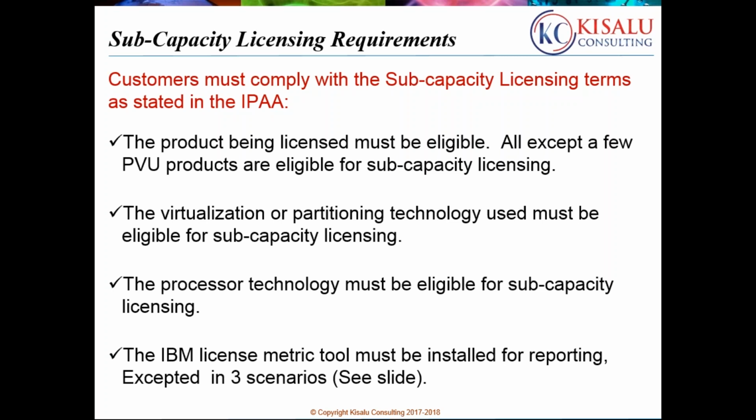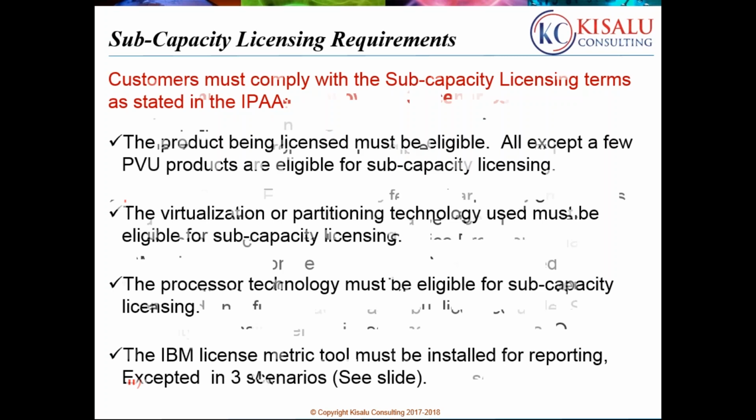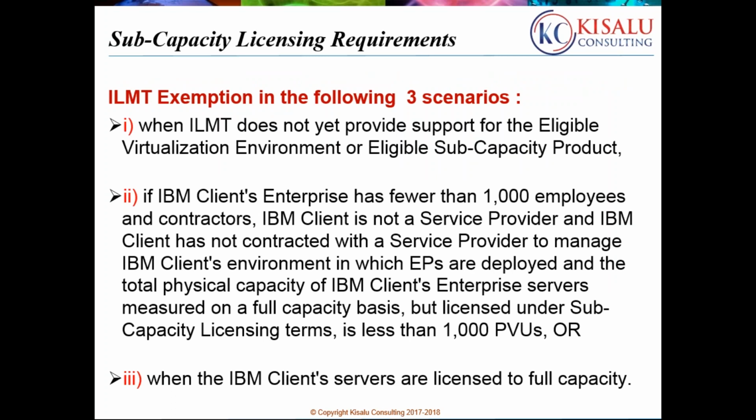And there are exceptions for the ILMT reporting, three scenarios for exceptions. The exemption applies when ILMT does not yet support the virtualization technology, or the sub capacity product is not yet eligible.